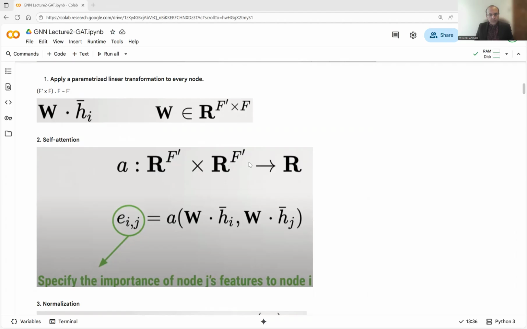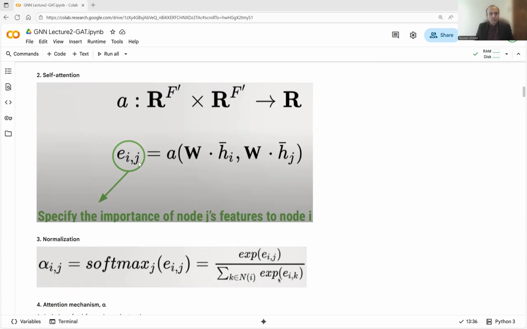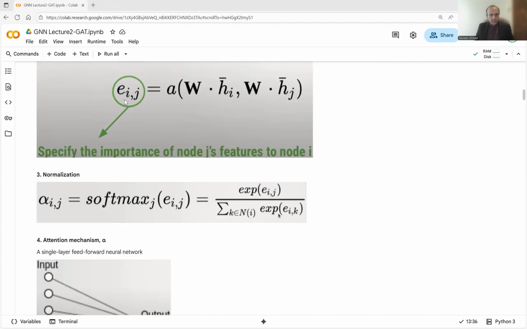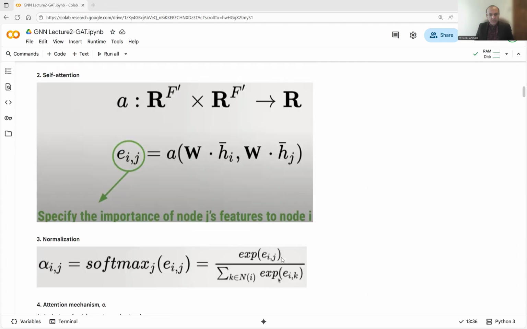So there are a total of 2f weights, and this a input is multiplied with Whi and Whj, and this eij assigns the importance of node j to node I, how important node j is to node I. This self attention is then normalized over all the nodes, considering how important node j is to I as compared to all the neighbors of node I. Among all the neighbors of node I, how much node j is important to I. It is shown by this mathematical relation.